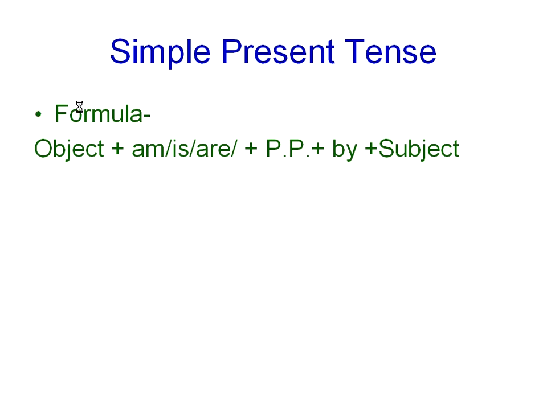When the sentence is in the simple present tense, we should use this formula: object plus am, is, are, plus past participle of the verb, plus by, plus subject.